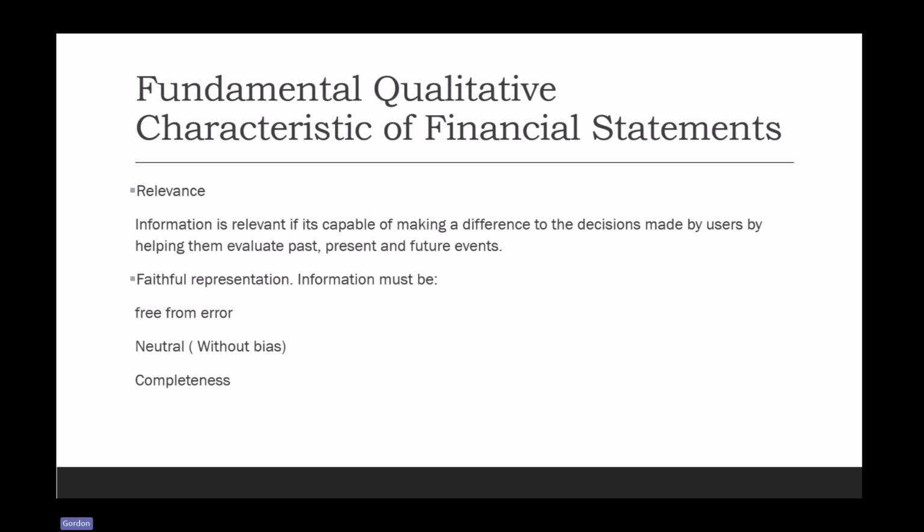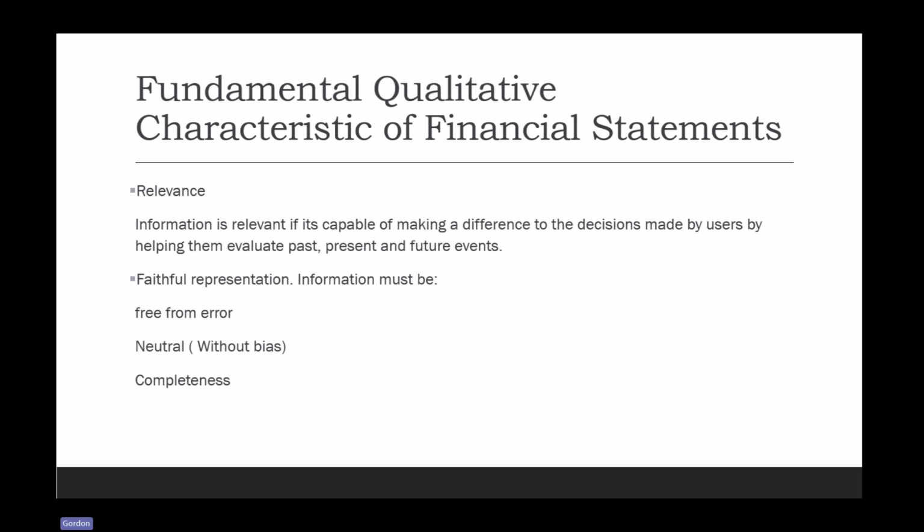So the reason why a human being is not classified as an asset on your company's balance sheet is because, one, before you can classify something as an asset on the balance sheet, remember, right now what we are doing is learning about the definitions of the elements: asset, expenses, equity, and whatever.